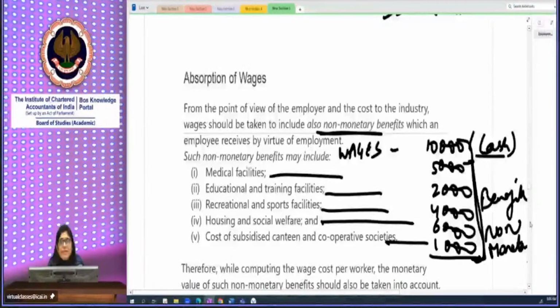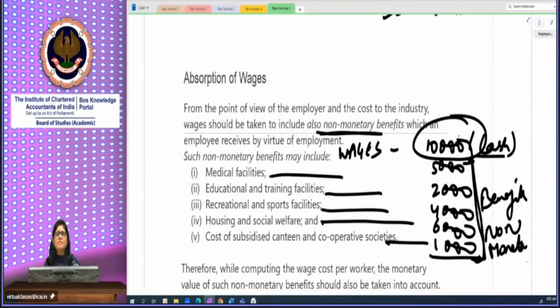So earnings to the worker is only 10,000. The employee will say, I am receiving 10,000 as salary. The employee will never say, I am receiving medical facility also, educational, recreational, housing also. The employee only says, I am only receiving 10,000 as salary.